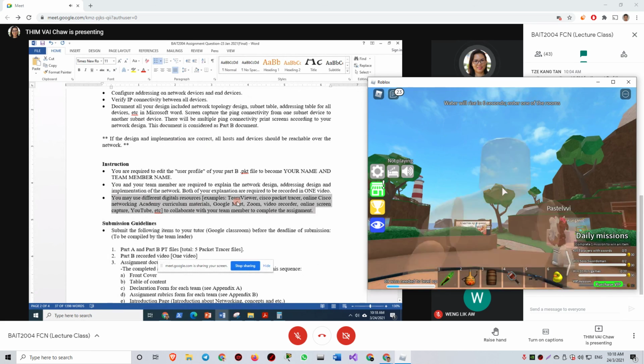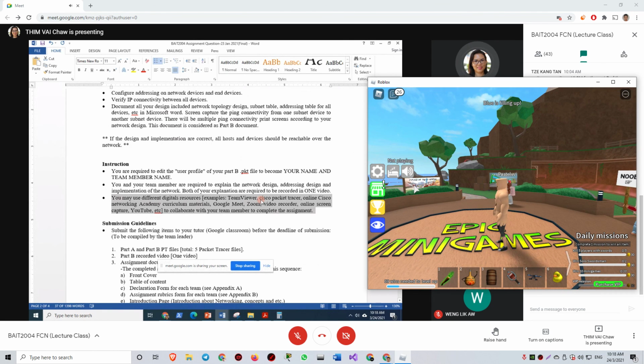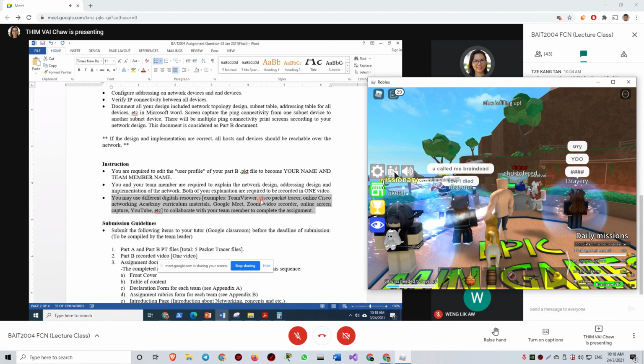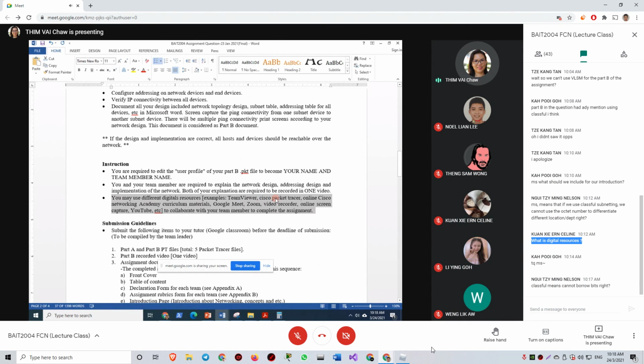Maybe you have installed TeamViewer to let your partner remotely access your PC and do a configuration, then you go and do something else. So you are doing teamwork together using TeamViewer. Or you will definitely use Cisco Packet Tracer. And you may come to NetAcad, the online NetAcad material, and look for it.